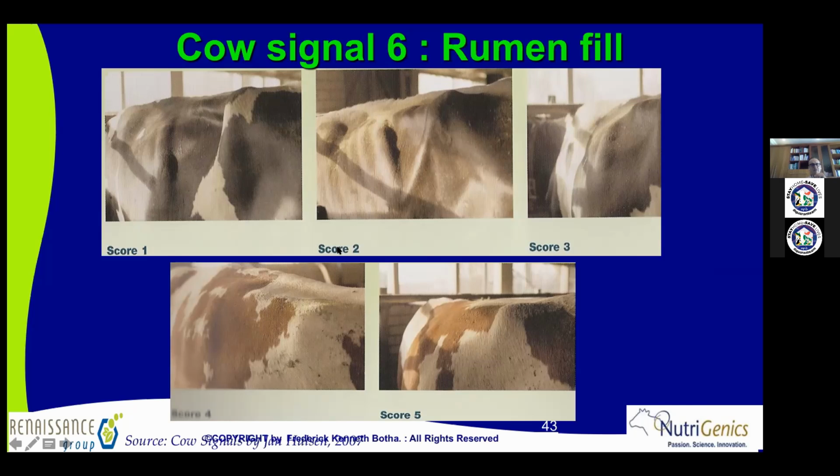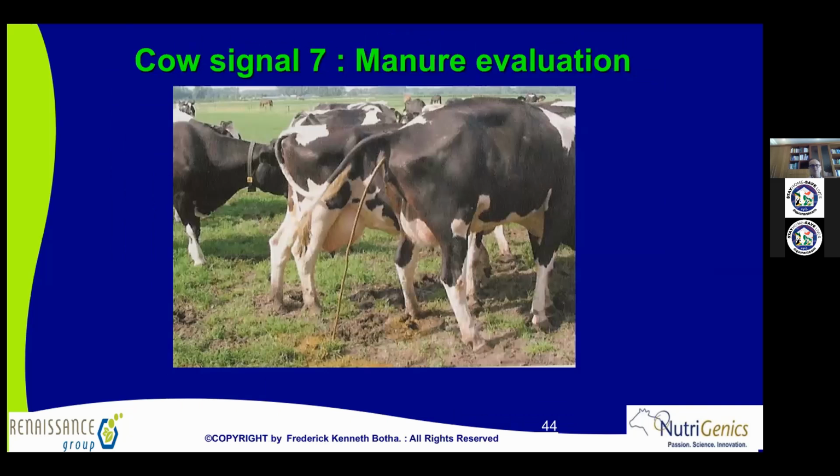So we need to get the rumen fill score of a 4 and a 5, so that we know that cows are eating well, and that the feed is well balanced and very palatable, to ensure that we get the cows' intakes as high as possible.